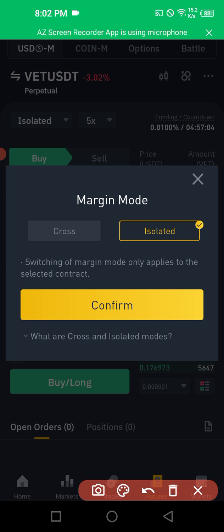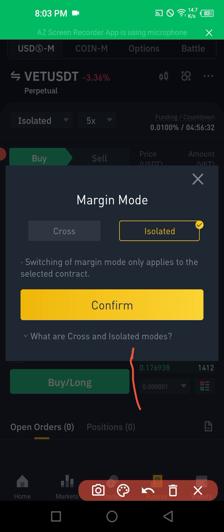Cross simply means that if you have, for example, $100 in your futures account and you want to trade on futures, and you choose cross, then when you're trading, if you are making losses, it will wipe out the full $100 if you don't use stop loss. But if you use isolated, you can partition your account.